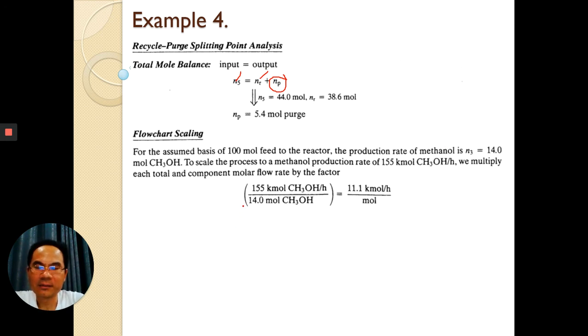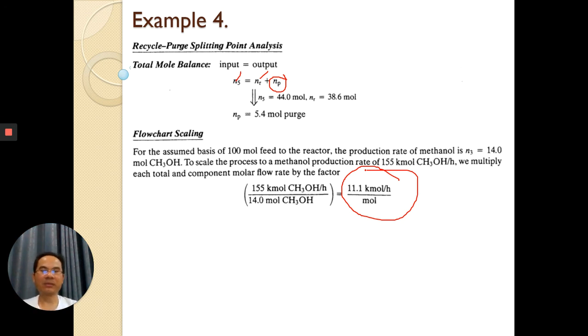From the balance, 14 mole methanol is produced, and you divide 150 kilomole methanol per hour by that. The real system is 150; for our system, the calculation based on 100 mole feed to reactor gives 40. You get the factor 11.1. You use this factor to multiply all terms.